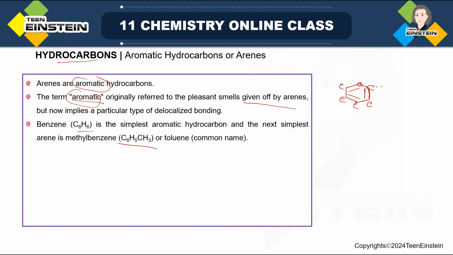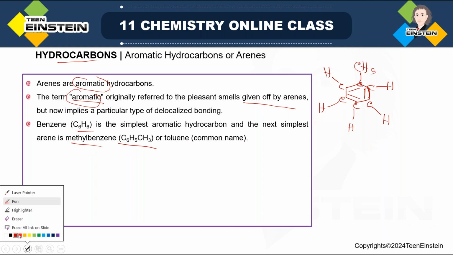That means one more bond must be there, and that is fulfilled by the carbon hydrogen bond. So this is the simplest structure of aromatic hydrocarbon, and the next simplest one will be methyl benzene, where one of these hydrogens is replaced by a methyl group.